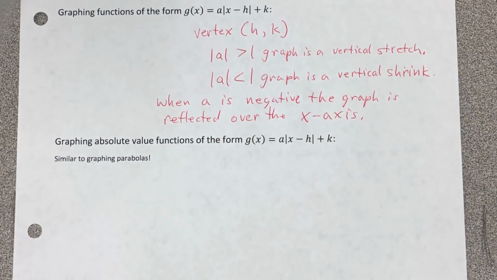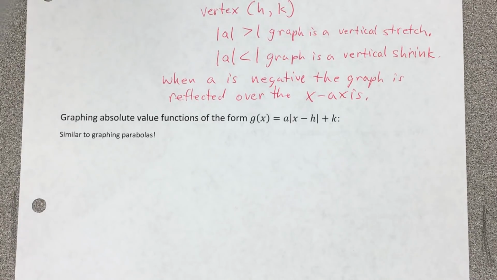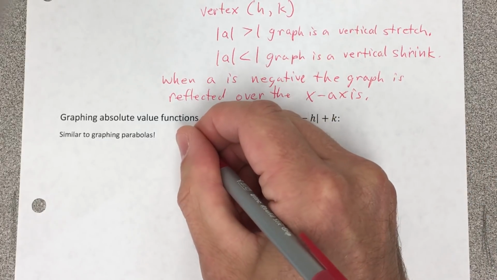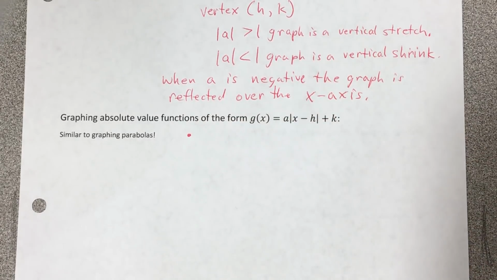Here's how we're going to put this all together. You're going to be asked to graph absolute value functions, and the way we're going to do it is similar to how you graph parabolas. It's probably been a while since you graphed a parabola, so let me explain how you're going to do it. We're going to do a two-step process here.